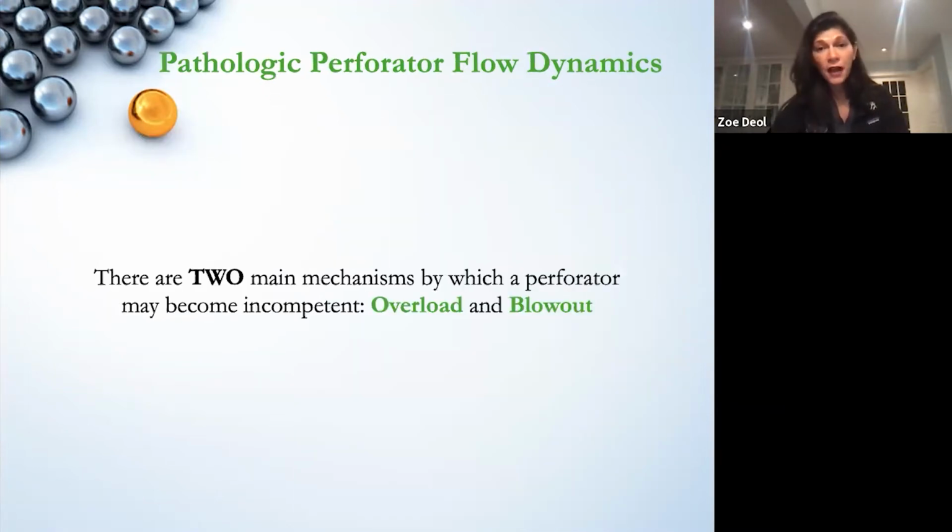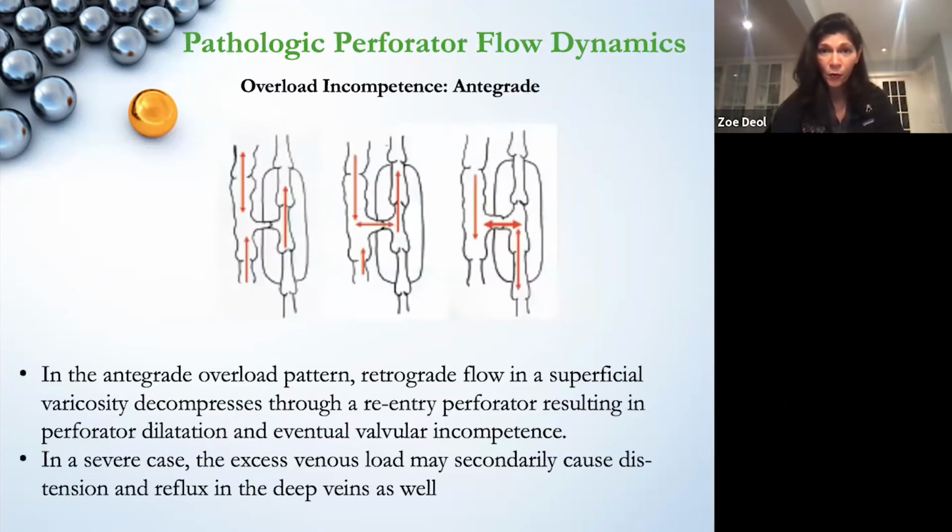There are two types of perforators, and I've talked to my nurses and my doctors about how to understand when to treat a perforator. So this concept is very important. The first type of perforator is what's called an antegrade or overflow perforator. This is where the primary problem is your superficial venous system.